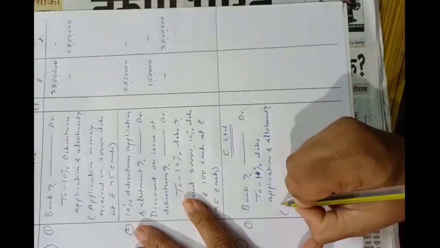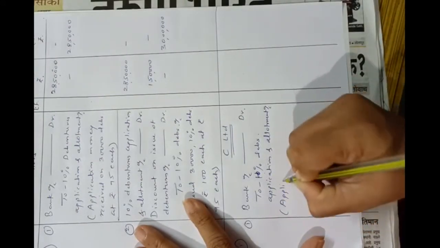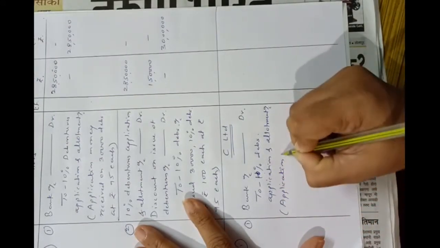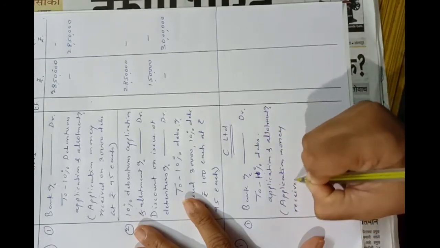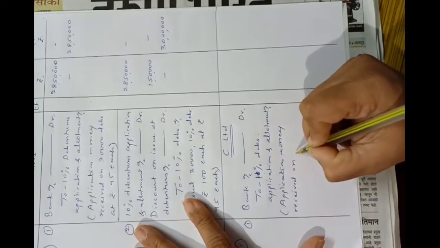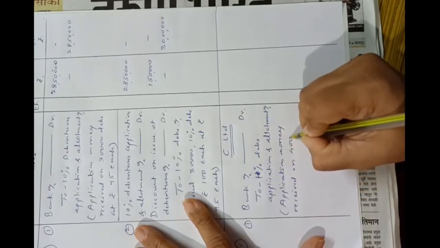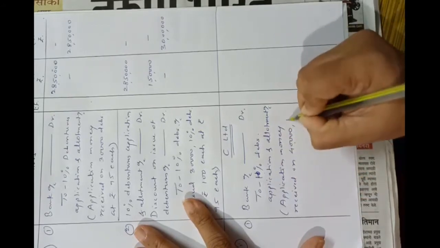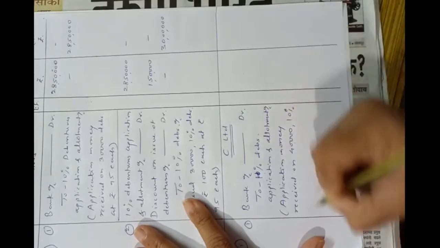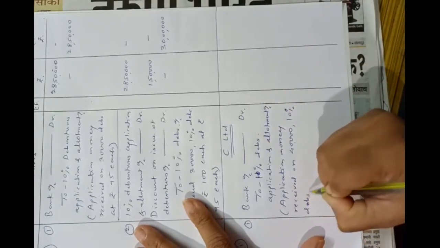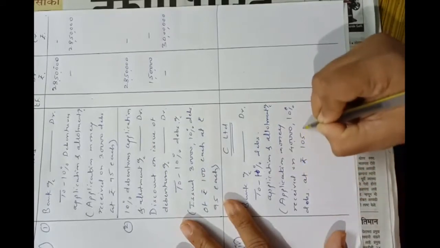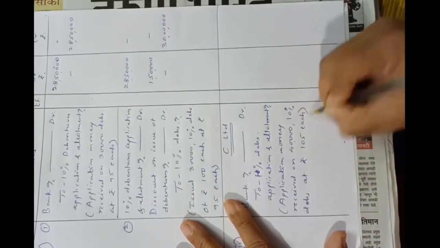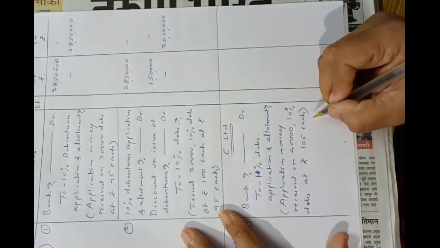Application money received on 40,000 debentures at ₹105 each. 105 each.